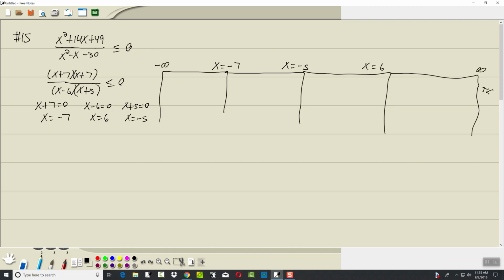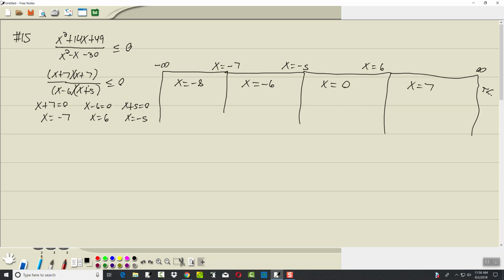We want to pick test cases that fall in each range. So something between negative infinity and negative 7, like negative 8 or negative 9. Doesn't matter what you pick. Something between negative 7 and negative 5, like negative 6. Something between negative 5 and 6, like 0. And something greater than 6, like 7 or 8 or 10, whatever you want.